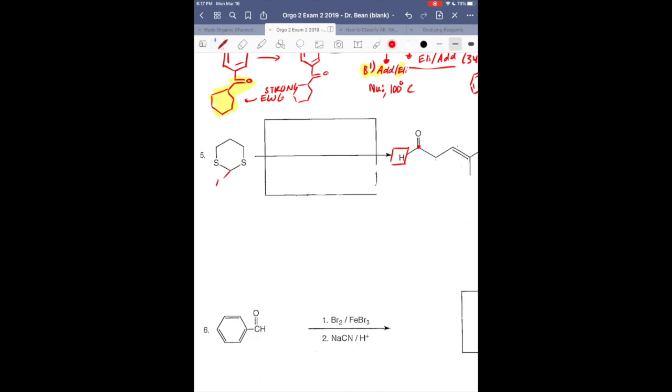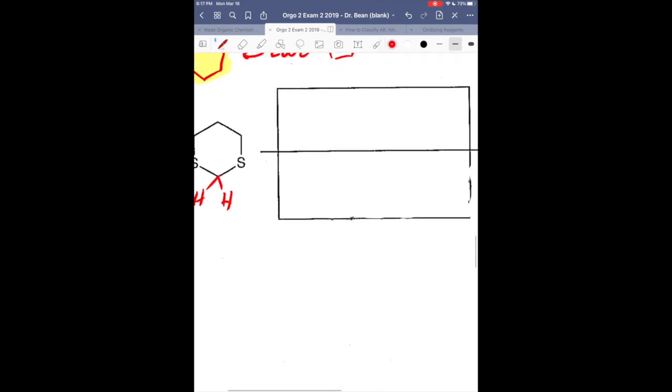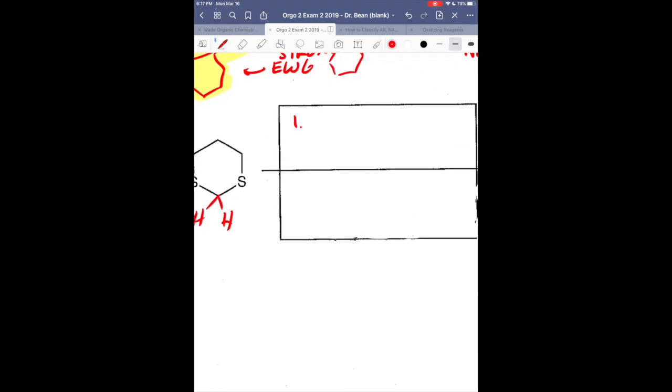But you basically have these acidic protons, because they're attached at these carbons that are next to sulfur. And if you use a strong enough base, a very strong base, there's one that you'll see written as BuLi, like a bully.